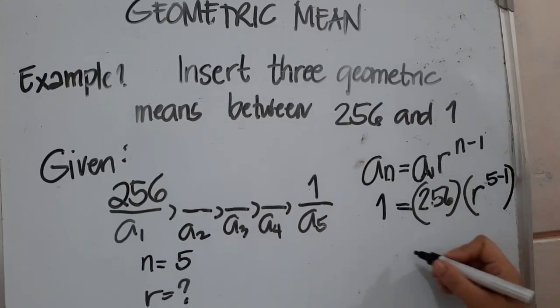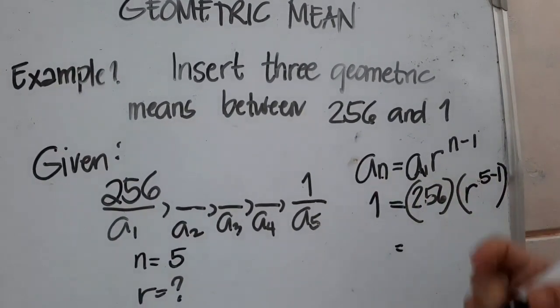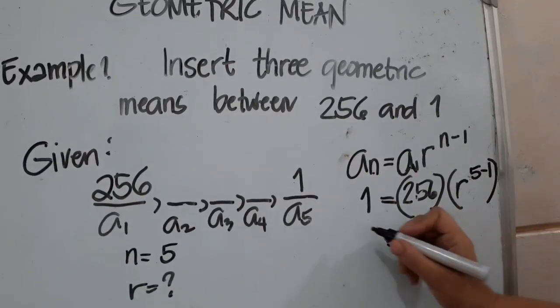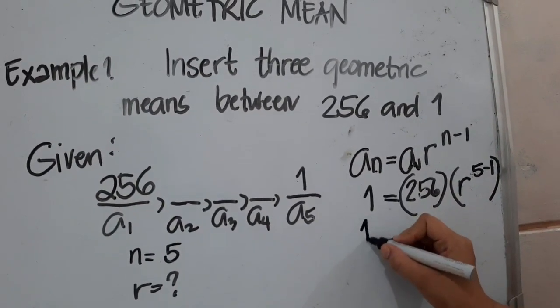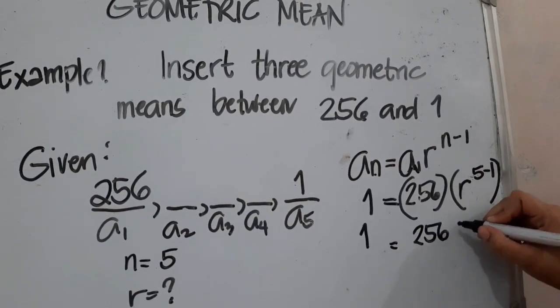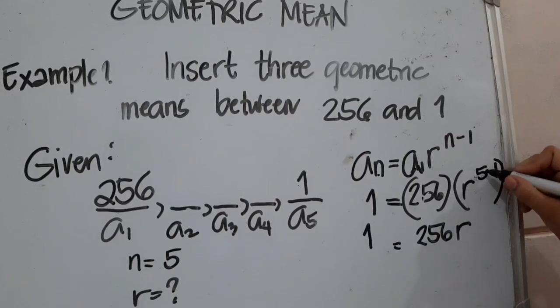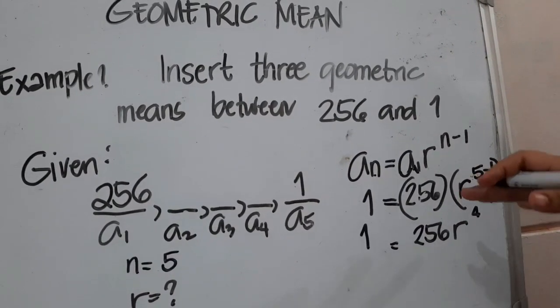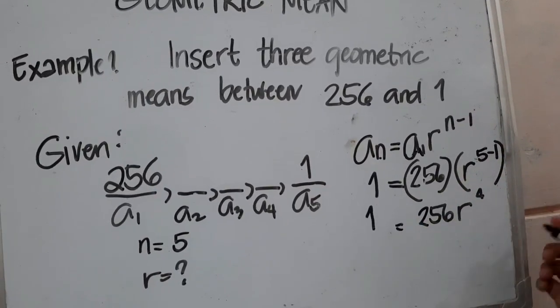Close parenthesis. Then we can simplify those inside the parentheses first, or those with exponents. So the rest will be copied. So we have 1 equals 256 times r raised to the power of 5 minus 1. That's equivalent to 4.